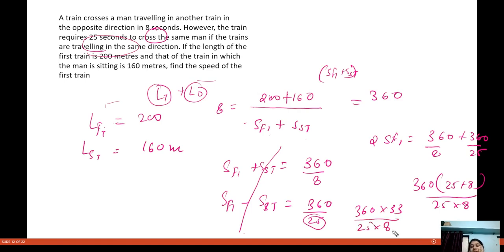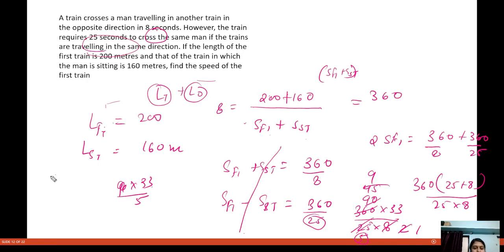So what are you going to get here? 40 times 9 is 360, 4 twos are 8, 5 fives are 25. So 9 into 33 divided by 5 you are getting.